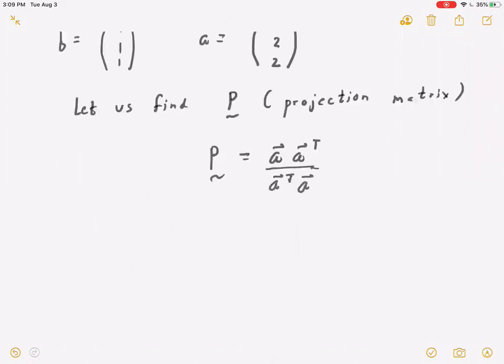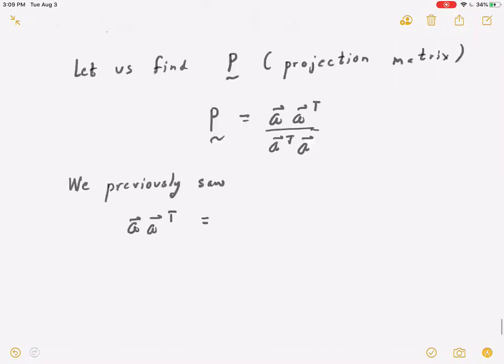Okay, so to evaluate this thing, we previously calculated what these creatures were. A times the transpose of A was just a square matrix of order 3.